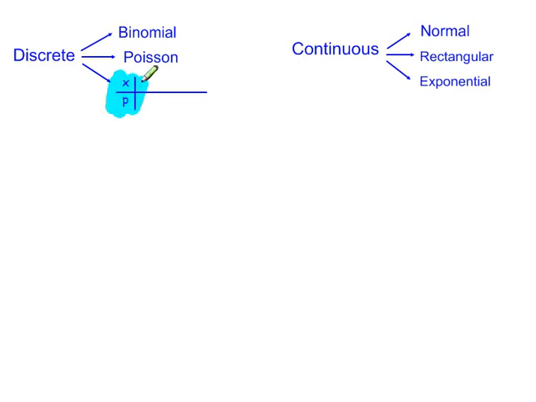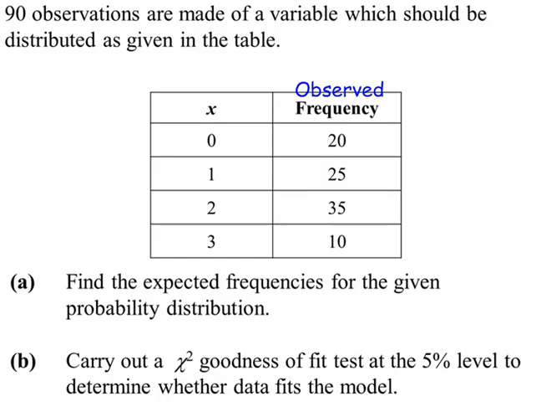So we're looking at this example, and our random sample has given us these observed frequencies. So our first step is to calculate the expected frequencies, and then we can carry out the test in part B.